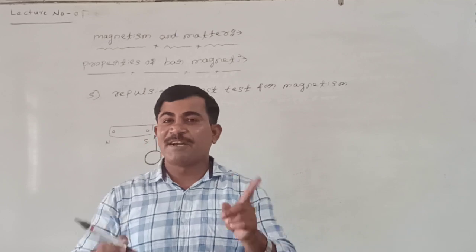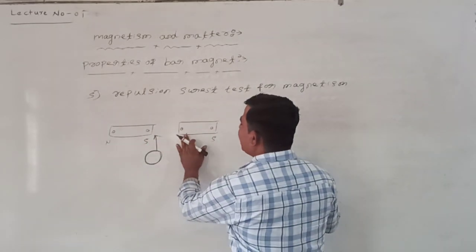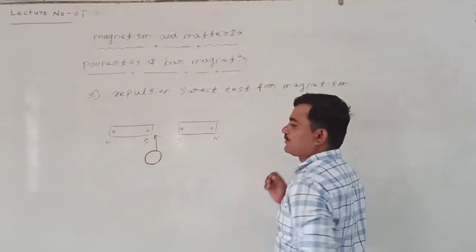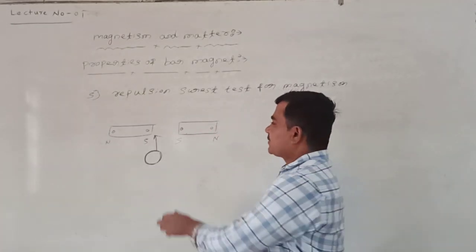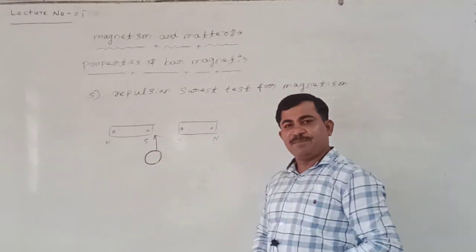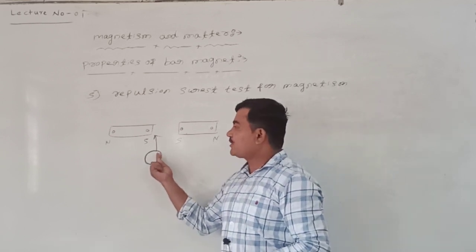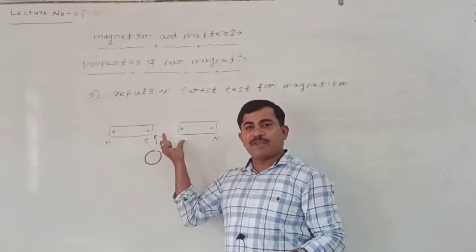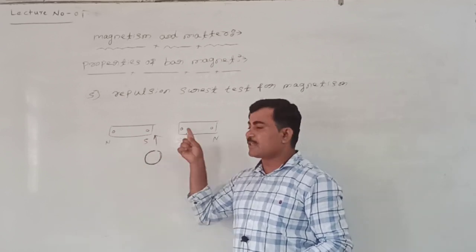Right or wrong? But in repulsion, what happens? Let us take this as the south pole, and this as the north pole. Here south and south repel each other. Repulsion takes place, whereas the iron material attracts towards the magnet. During repulsion you can identify: this is south and south, so I can call both of them magnets.